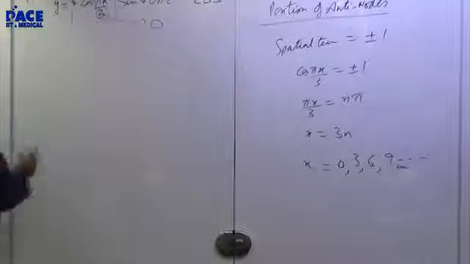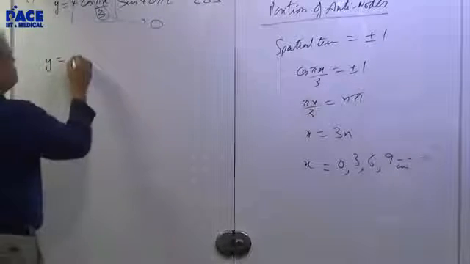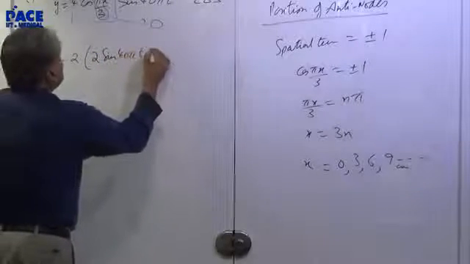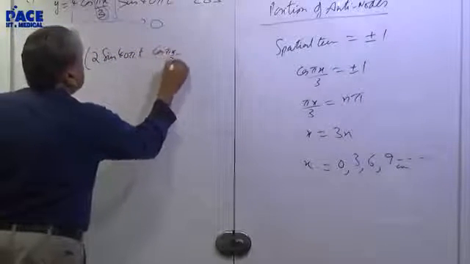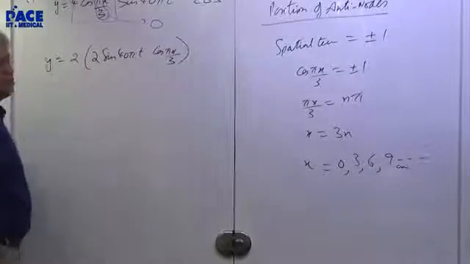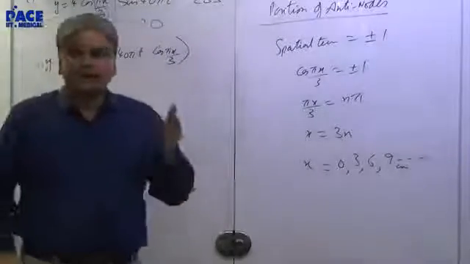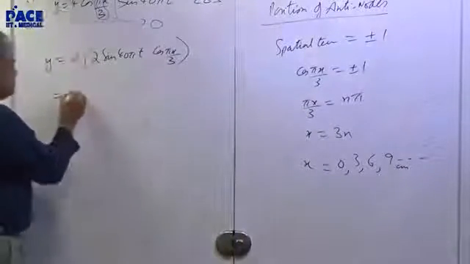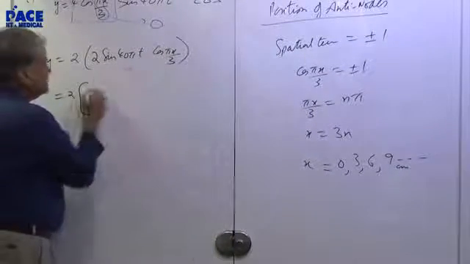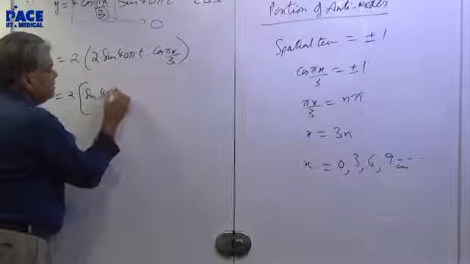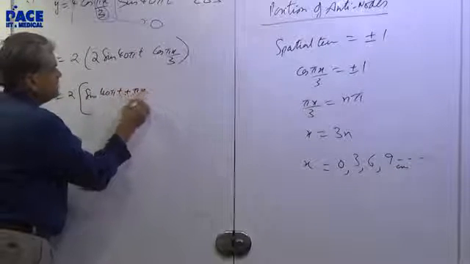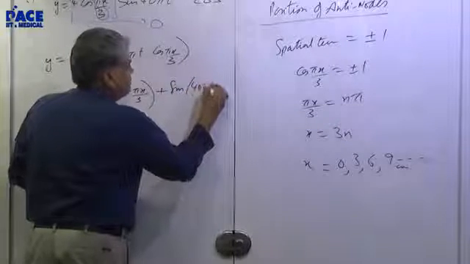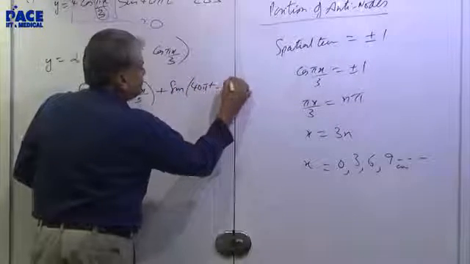What do we rewrite it as? We can rewrite it like this. It will be equal to 2 sine 40 pi t cos pi x by 3. 2 sine A cos B is sine(A plus B) plus sine(A minus B). So this will be equal to sine(40 pi t plus pi x by 3) plus sine(40 pi t minus pi x by 3).